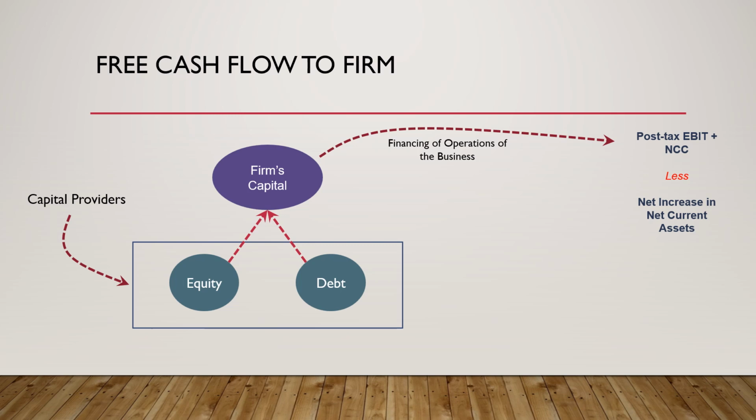The next step is to account for the increase in the current assets of the company vis-a-vis the increase in its current liabilities. The increase in the net current assets is an integral part of the operations of the company because without working capital, no business can operate. Once we do this, we arrive at the business's cash flow from operations.